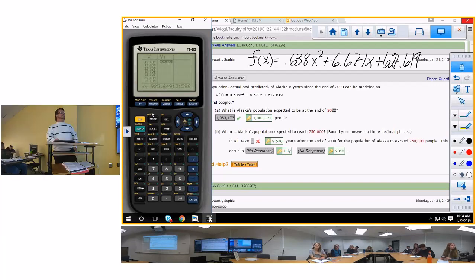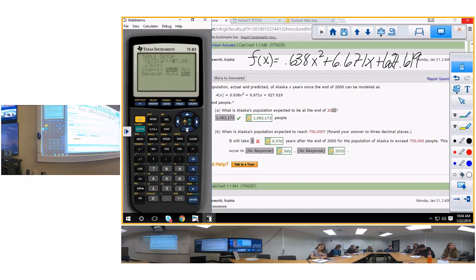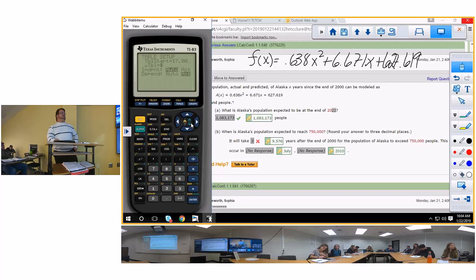Let me go to zoom format and put ask. I don't think ask on that's going to work. Let me try that. Second table, and type in 750000. See, it's not working. Another way you can do it, I wouldn't trust that.